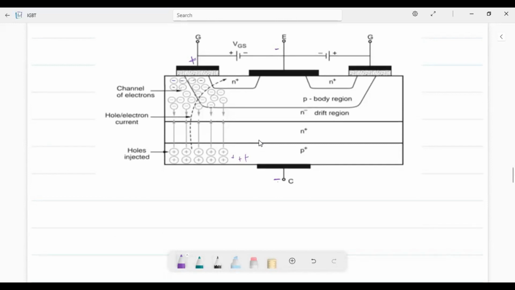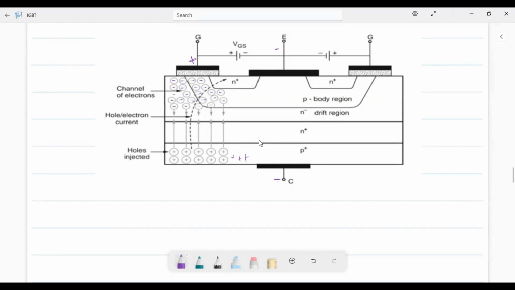Unlike charges attract, so it will attract the electrons from this P body region and this N minus drift region. So here an accumulation of electrons will be there and a channel will be getting created in the body. And the current will start flowing.